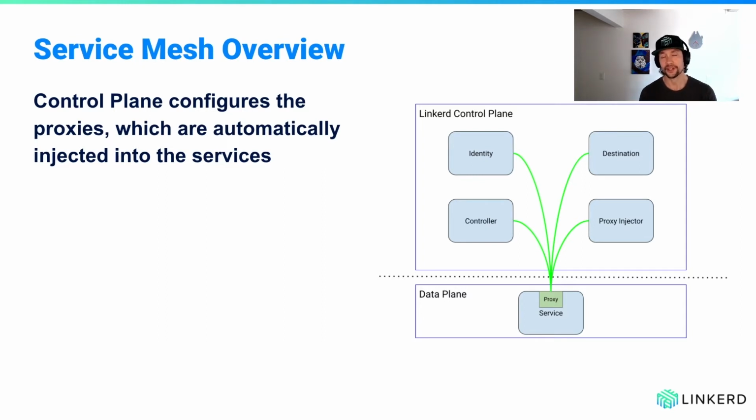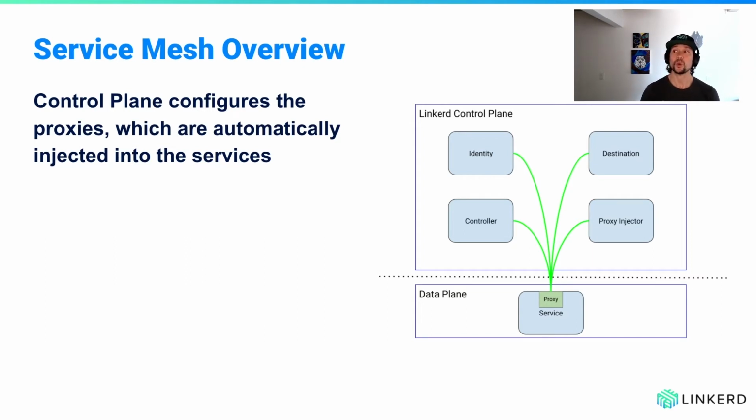So in a very simple path, what happens is when a new workload is provisioned, the proxy injector checks to see if the proxy should be injected into the service. If so, then the YAML is generated for that proxy. It gets its configuration from the destination and identity services, and those are the destination services for service discovery.